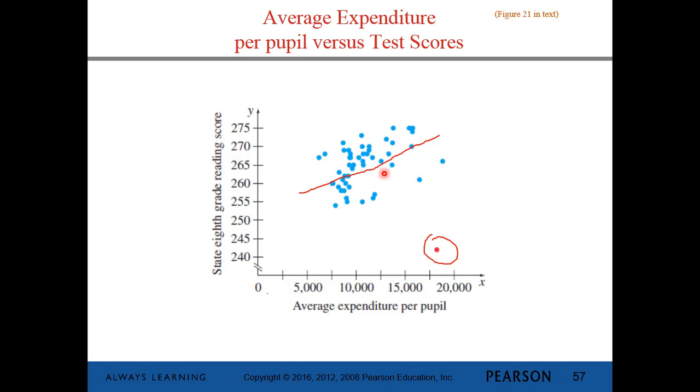And so when we look at the scatter plot, we might want to take a closer look at points like this, because if they are indeed outliers, we do not want to include them in our calculation. Now, just because they're an outlier doesn't mean that we just get rid of them automatically. We only get rid of them if they're a mistake.